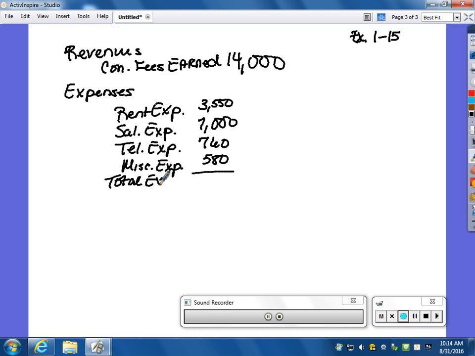Total expenses equal what? Add that up. Total expenses only. How much? 11,890.